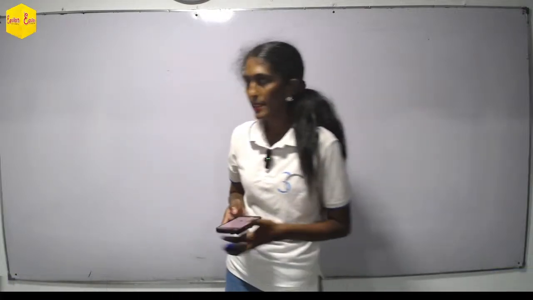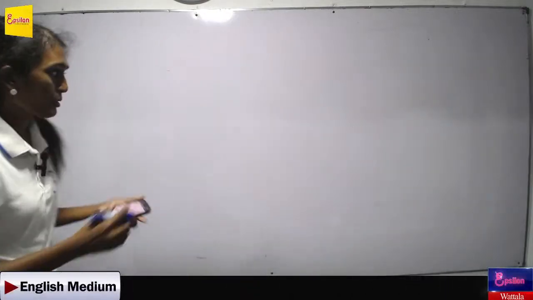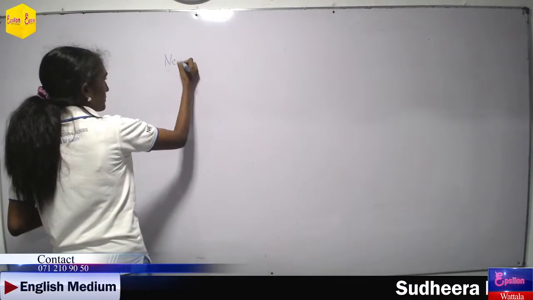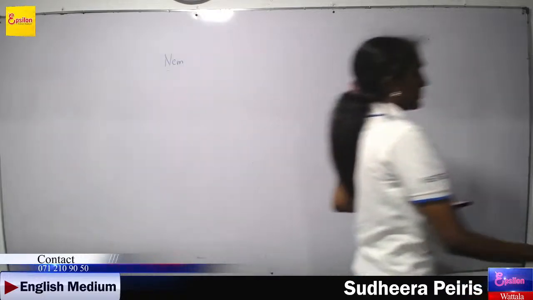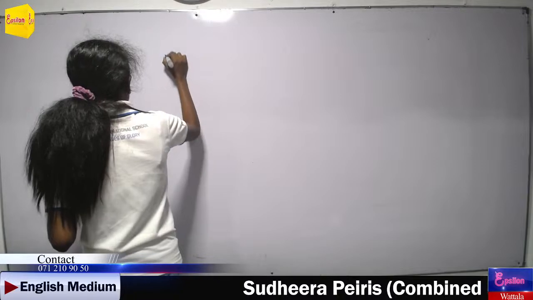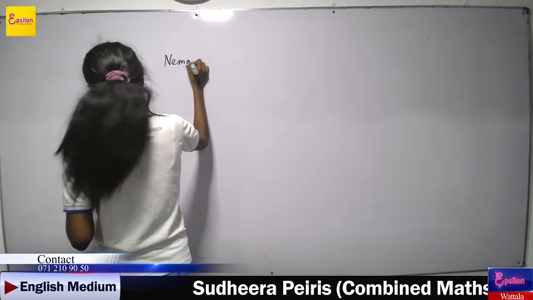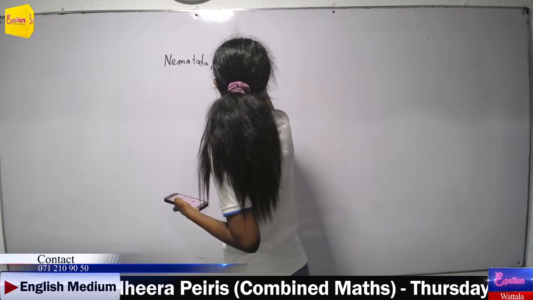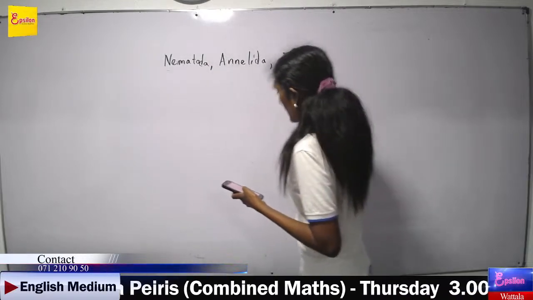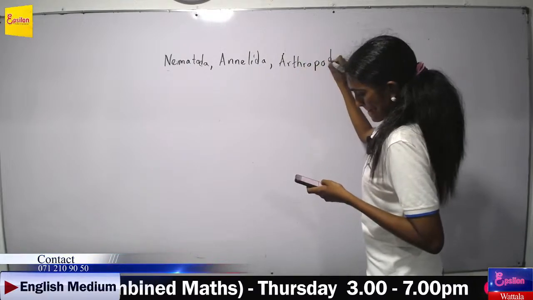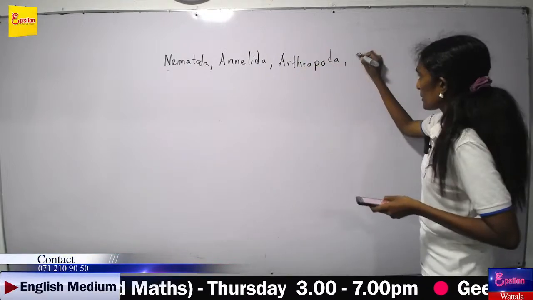Bilateral symmetry examples: all the other animal phylum. So we can write phylum Nematoda, Annelida, Arthropoda, and Chordata.